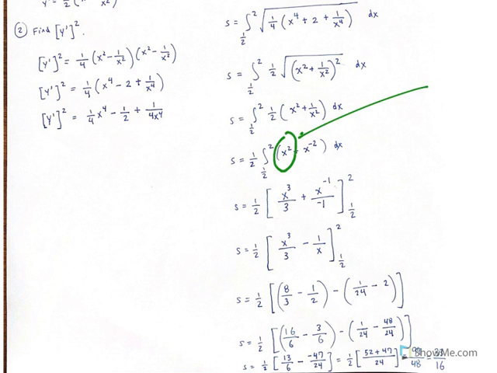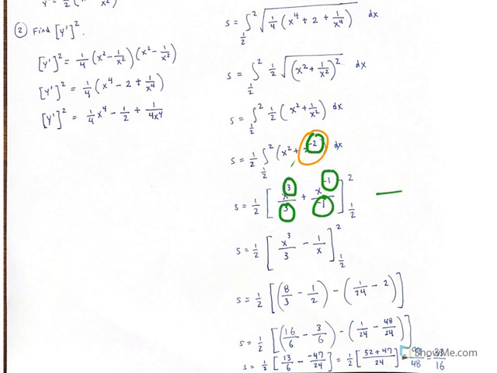So add 1 to the exponent here. So you have x to the 3rd over 3, and add 1 to the exponent here, and divide by the new exponent. So negative 2 plus 1 is negative 1, and divide by negative 1.